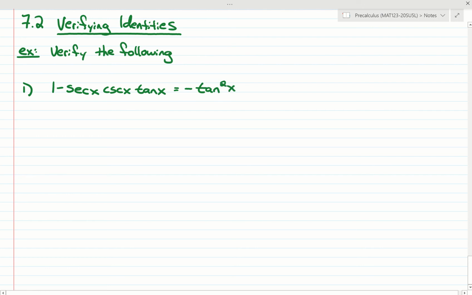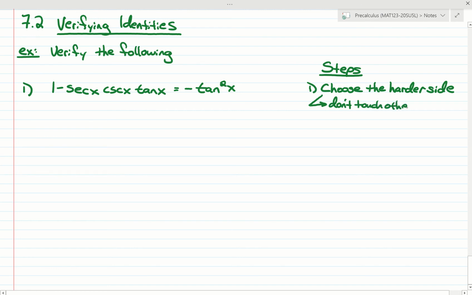And the way that all these problems work is we always pick the harder side, and you're not allowed to touch the other side. For this problem, this side is clearly the more complicated side, or the harder side.